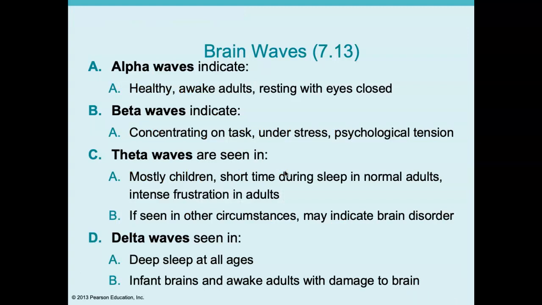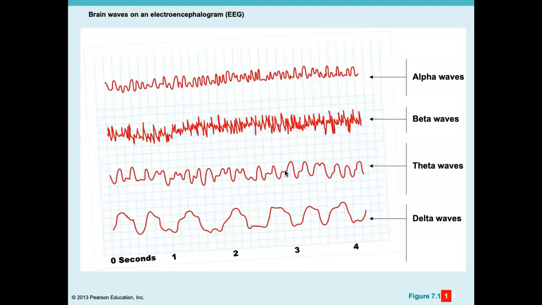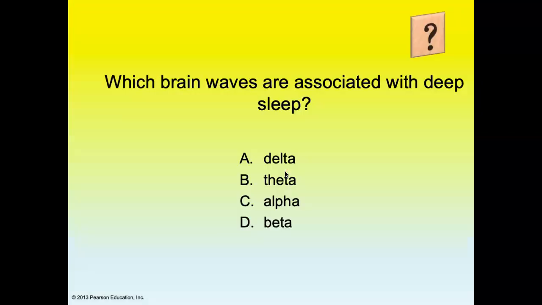The theta waves are seen during frustration. And the delta waves are seen in sleep, but also brain damage. Which brain waves are associated with deep sleep? The delta.